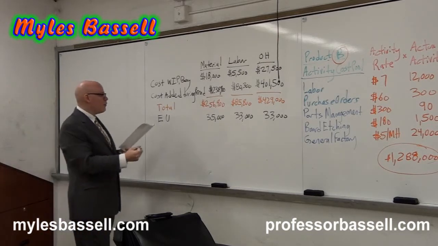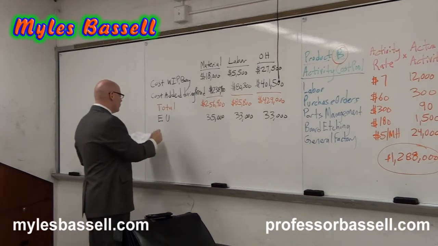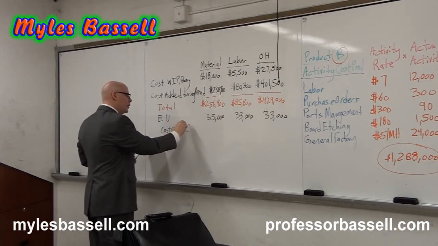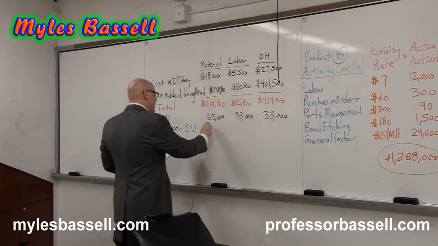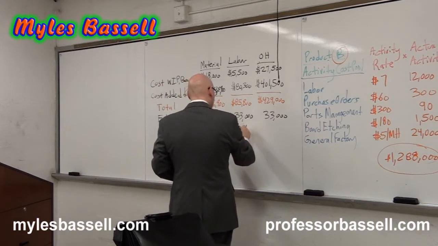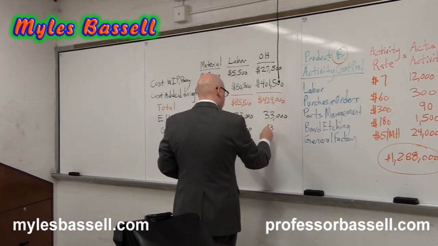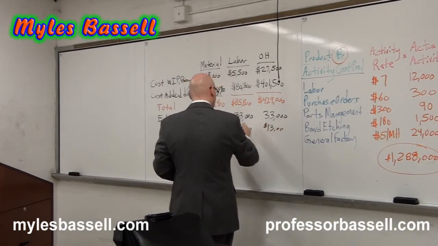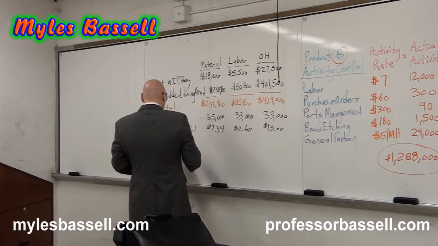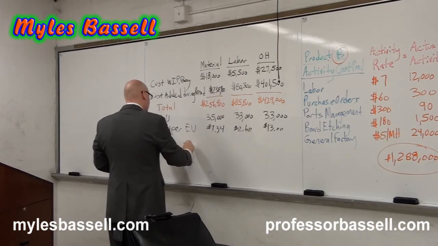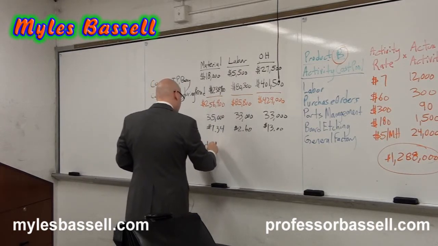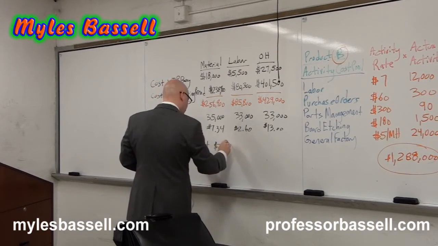So what we do is we divide these two. And we get the cost per equivalent unit. In this case is $7.34, $2.60, and $13. The total cost per equivalent unit is $22.94.